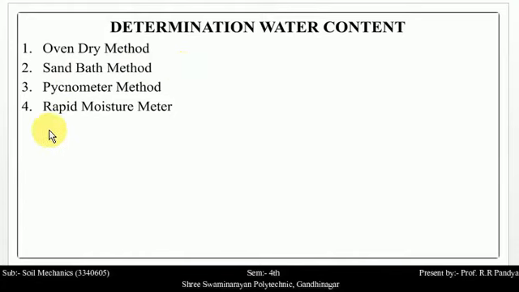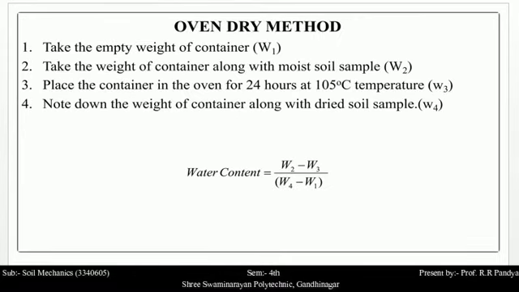Fourth one is the rapid moisture meter. These are the laboratory testing methods to determine the water content of soil. So let's start with the oven dry method.